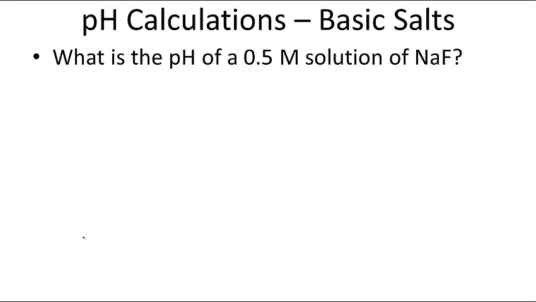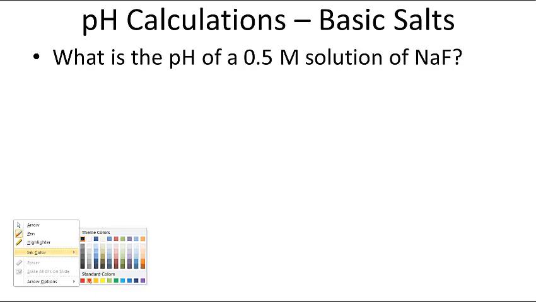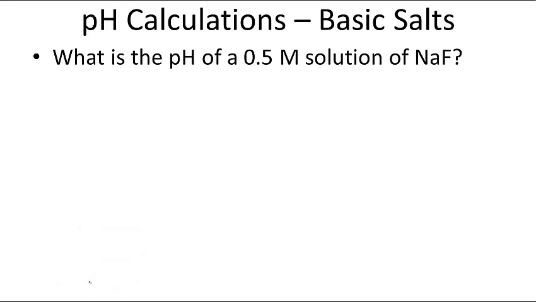All right, I think everyone's sufficiently confused. So let's start from the beginning. NaF, when I put that in water, what two things does it split into? Na+ ions and fluoride ions. One of those is going to be a spectator ion.